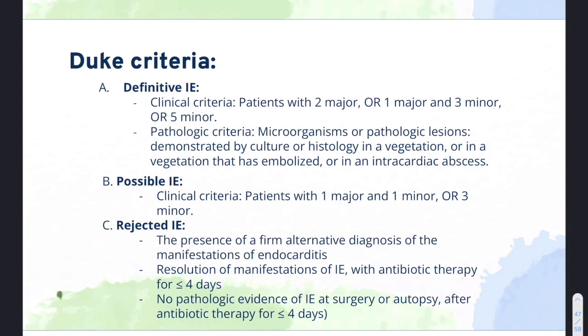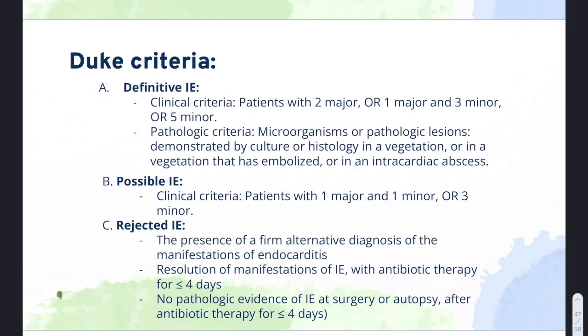Or resolution of the manifestations of infective endocarditis with antibiotic therapy for 4 days or less. This is to link infective endocarditis more strongly, since it is unlikely to disappear with antibiotics in 4 days or less. Or if there is no pathological evidence of infective endocarditis at surgery or autopsy after antibiotic therapy for 4 days or less.